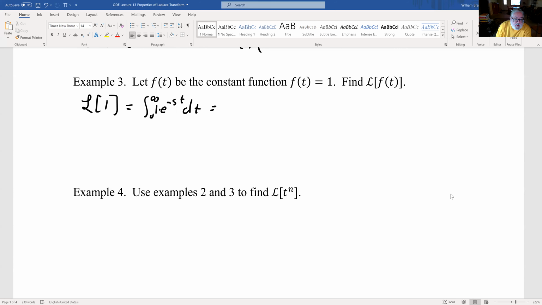And we do a substitution, u equals minus st, du equals minus s dt. And so this becomes the integral from 0 to infinity of minus 1 over s e to the u du.